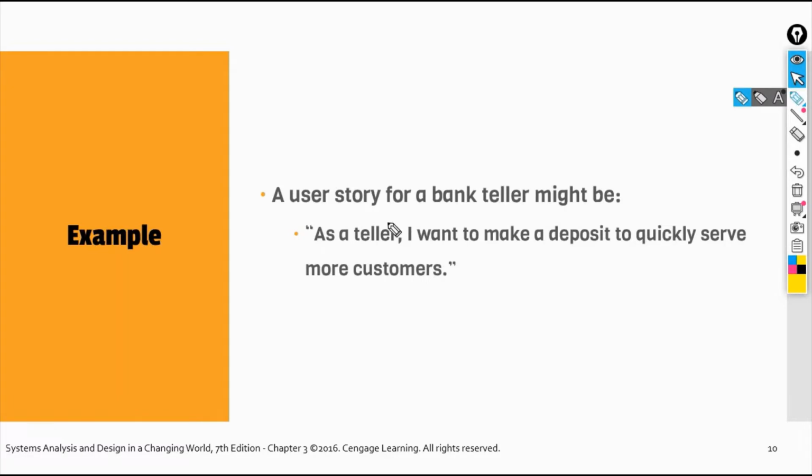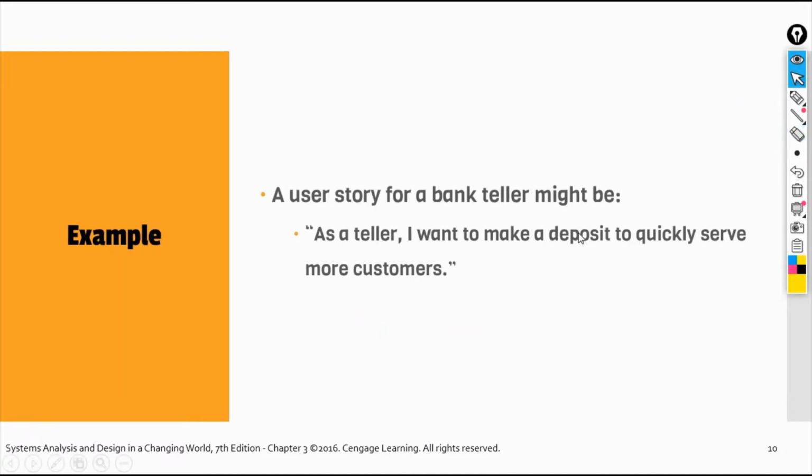As a teller, this is the role of the user, I want to make a deposit, which is the goal, so that I can quickly serve more customers, and this is the reason or the benefit. So this is how you write a user story.